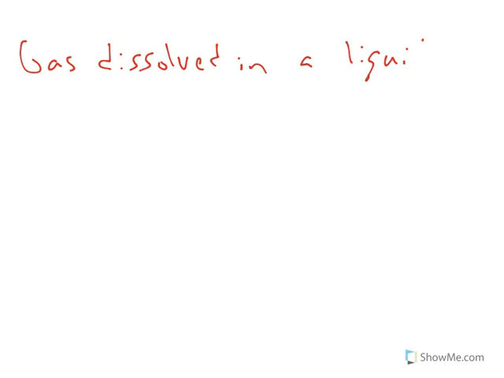Okay, another type of solution we could have is a gas dissolved in a liquid. So here we're talking about gas as our solute and liquid as our solvent.